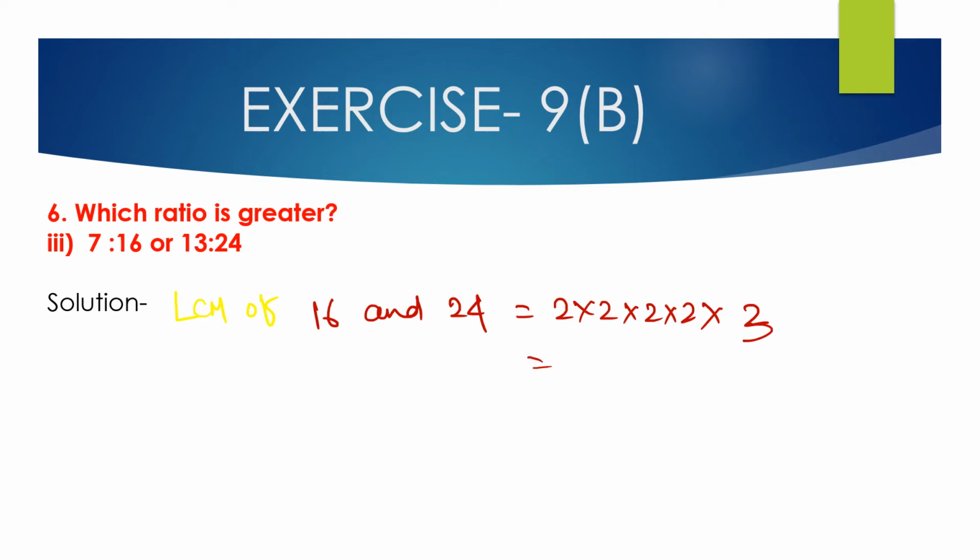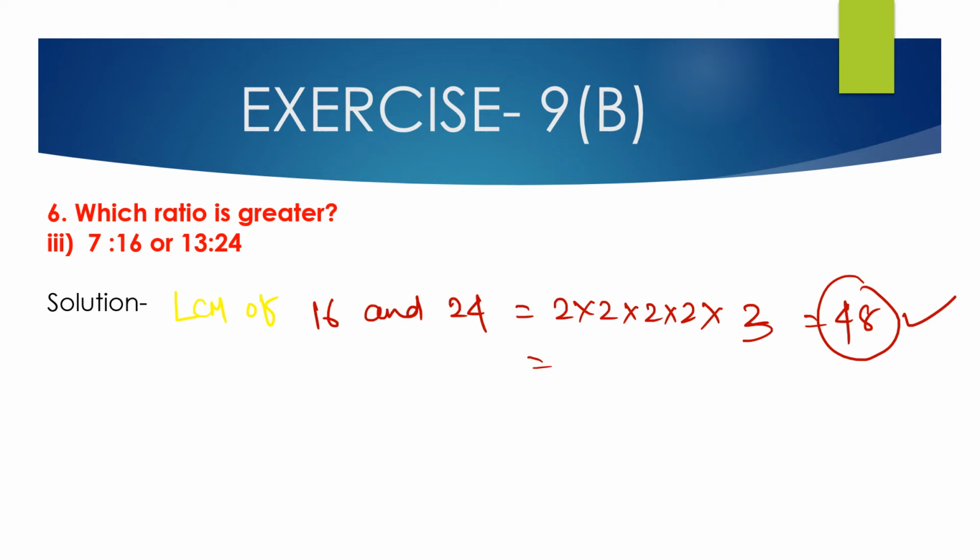So the LCM of 16 and 24 will be 2 multiplied by 2 multiplied by 2 multiplied by 2 multiplied by 3, that is 16 multiplied by 3 is 48. So the LCM of 16 and 24 is 48.